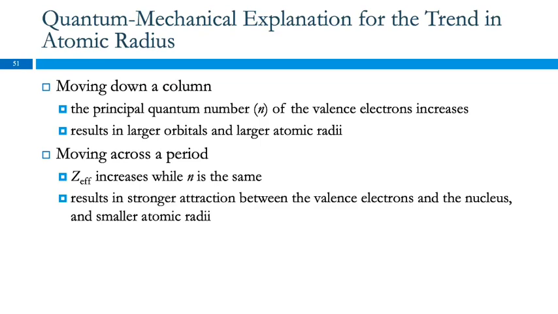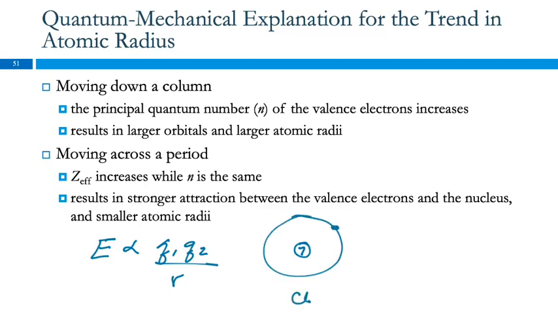So we learned that the potential energy of attraction between two charged particles is Q1 times Q2 over R. I'm pretending that this is chlorine, and we're just looking at the effective nuclear charge on those valence electrons.